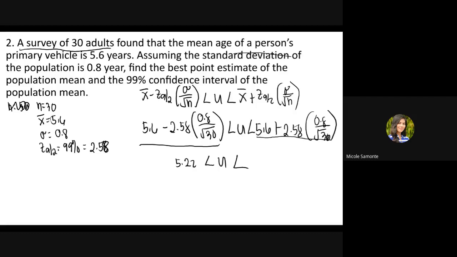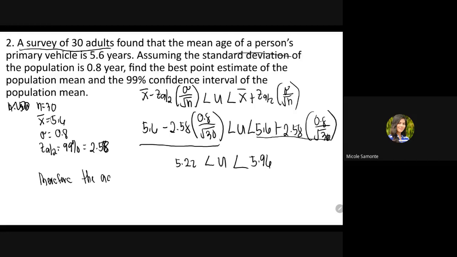Ang sagot po niyan ay 5.96. Okay? So, hindi natatapos dyan. Kailangan i-interpret yung sagot nyo. So, ano bang tinatanong dyan? Years, di ba? Kung gaano katagal yung primary vehicle. So, therefore, hence, in conclusion, you can use those words.